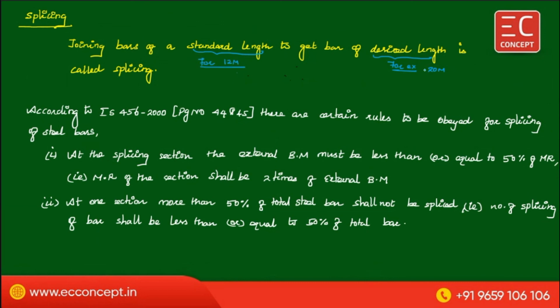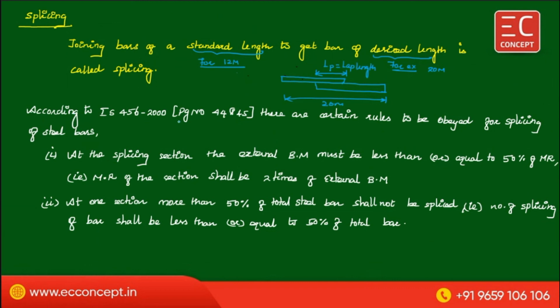Then how to make this desired length? By joining a bar. This is one bar, this is another bar, and this entire length is called 20 meter, and this is called the lap length, Lp. Understood?